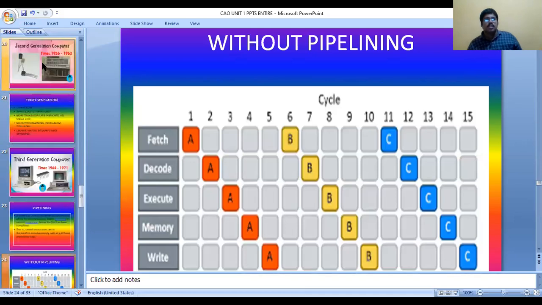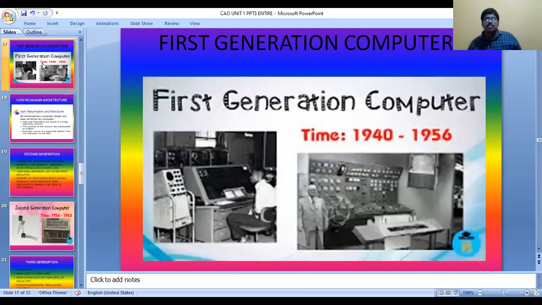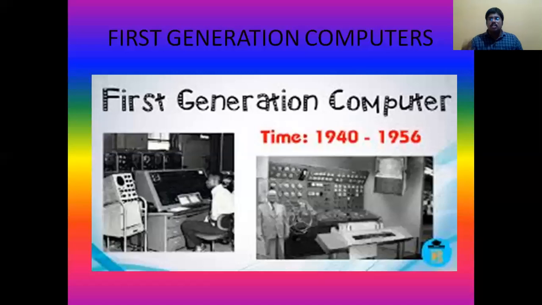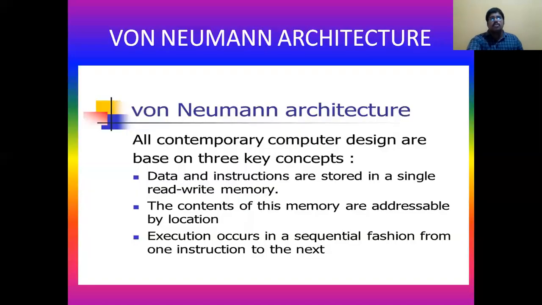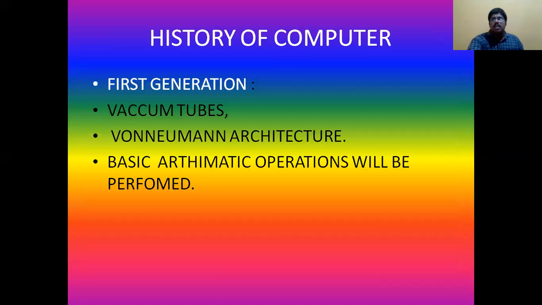So initially we started with first generation computers. From first generation computers, we moved to von Neumann architecture, because in first generation computers, as we discussed there, they used the von Neumann architecture.